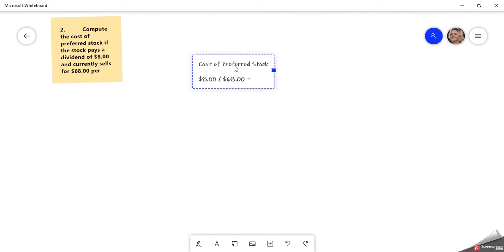Again, if there were fees, we would subtract those out, but in this case, there's not. So that gives me 0.1176 or 11.8% if I round it to the nearest tenth.